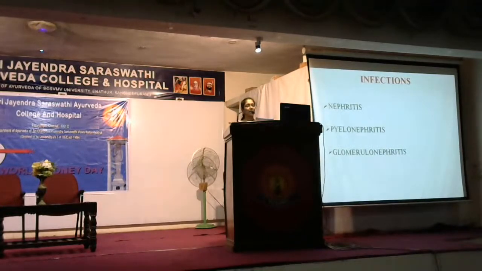That is, bacteria like E. coli travel up to the upper urinary tract and then cause the inflammation of the nephron, which is called pyelonephritis. Then we have glomerulonephritis, which is even more specific, wherein the glomerulus of the nephron alone is inflamed, and this is actually a symptom found in many important kidney diseases.